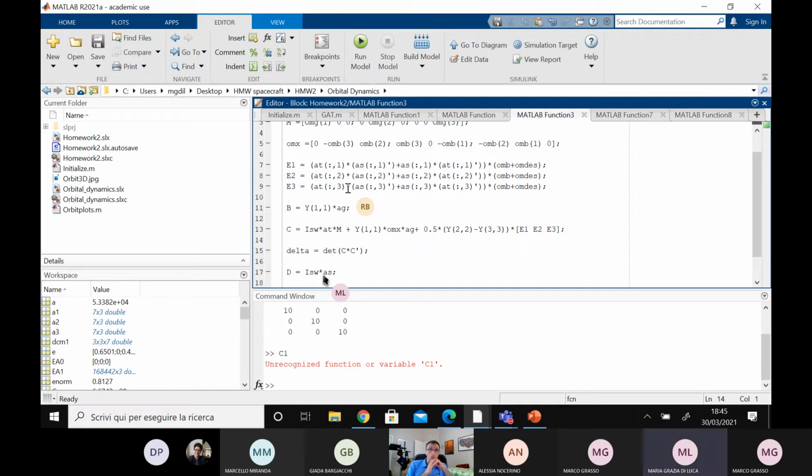Same. Okay. So you're saying that C is the first term is the diagonal matrix.